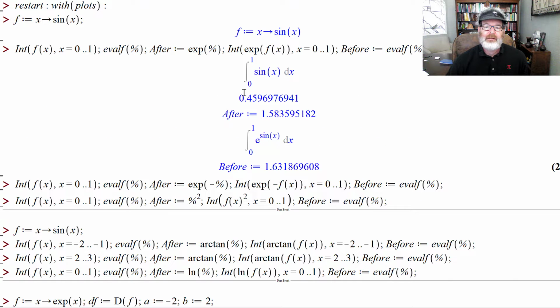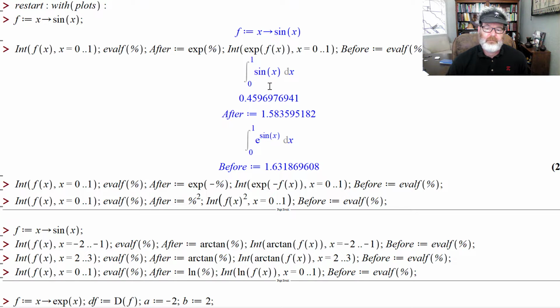If I integrate sine and then put that value into my convex function e to the x, I get this result. But if I compose sine with my convex function e to the x before I integrate, I get this value, and this value is bigger.